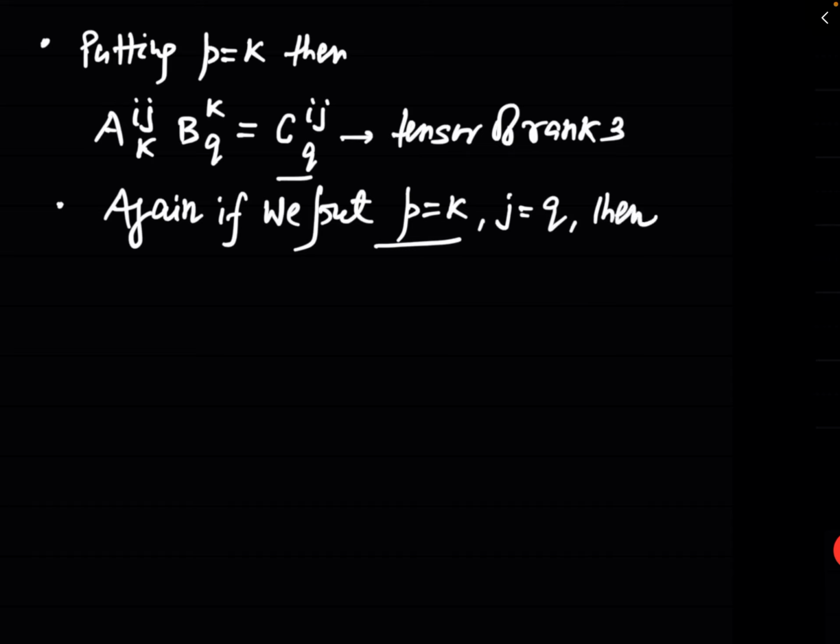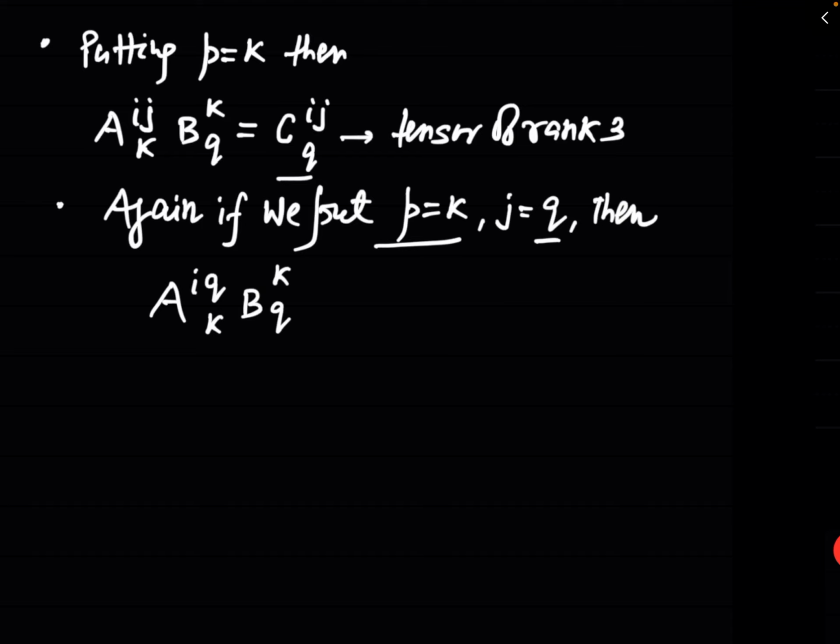Then what will be the resulting tensor? You can see this will be A super IQ. Instead of J, now I am writing Q here, and B sub KQ.